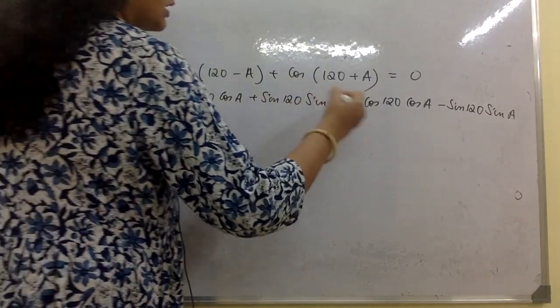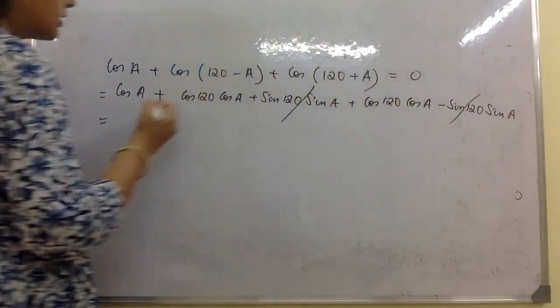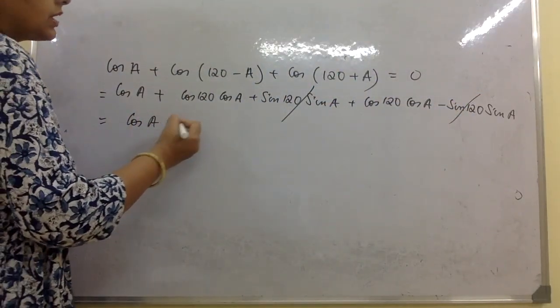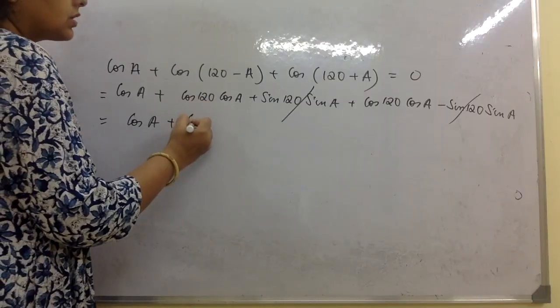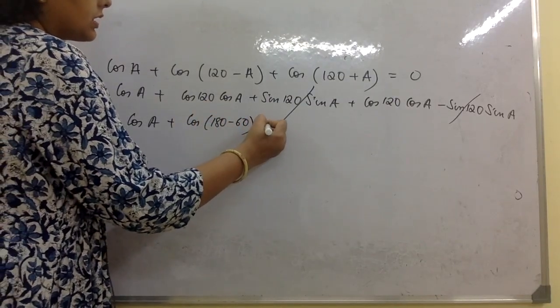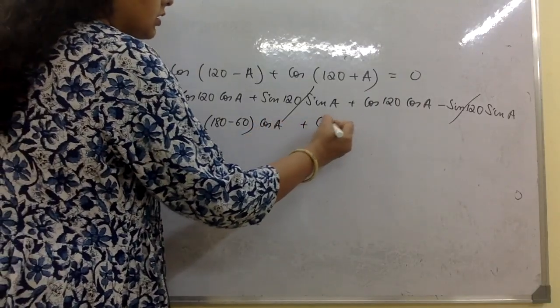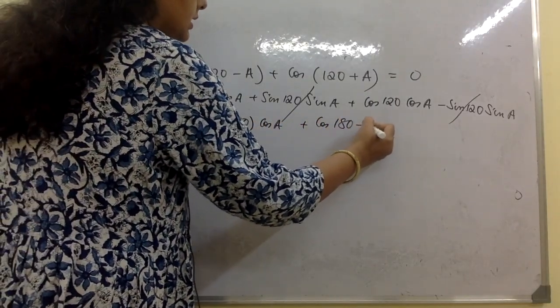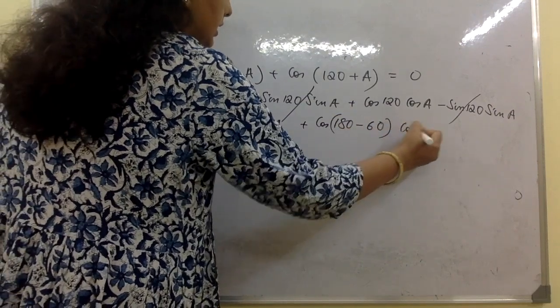This is going to get cancelled. So our sum has become short. Cos A plus cos 120 is cos 180 minus 60 cos A plus cos 180 minus 60 cos A.